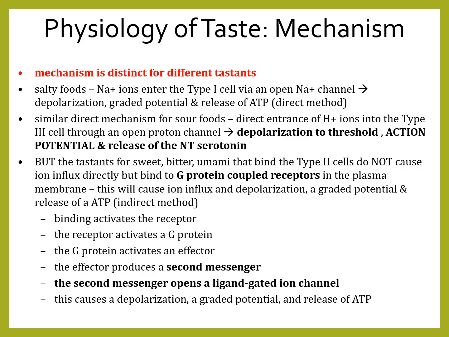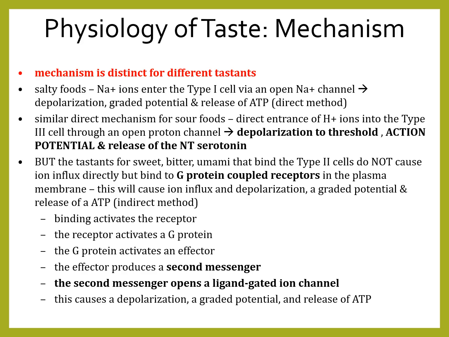For the type 3 taste cells, you're going to have protons, which are going to bind these channels, open up these channels, and enter into the type 3 taste cell. You're going to get a graded potential, but some type 3 cells have been seen to depolarize to threshold and get an action potential.